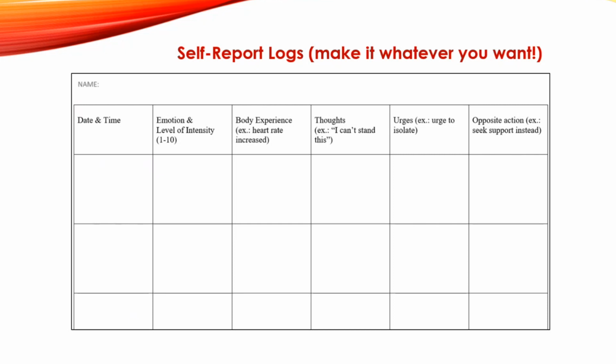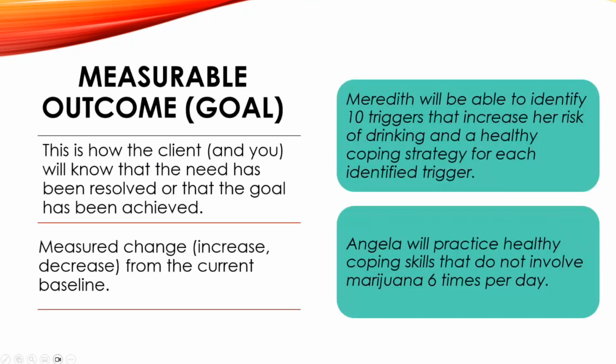It could be a way of tracking the person's use of particular coping skills to manage triggers to use a substance. It could be attempts to use a certain kind of communication skill. It could be a lot of different things. It could be a person just keeping a log of how often they proactively engage in self-care. This is a really clear way that not only can you then determine a baseline, but then moving forward, you'll be able to track that measurable outcome and goal.